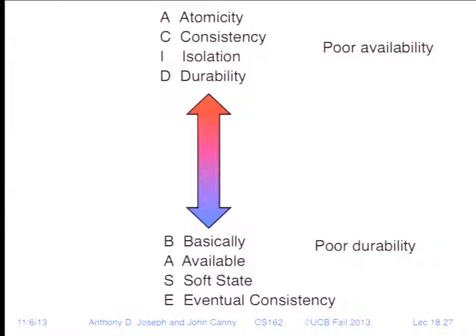BASE systems generally can work fine with part of the database missing. So there's less of an emphasis on durability and recovering exact state after a failure than on just having the system keep running. So the notion there is soft state, which is roughly the opposite of durability.